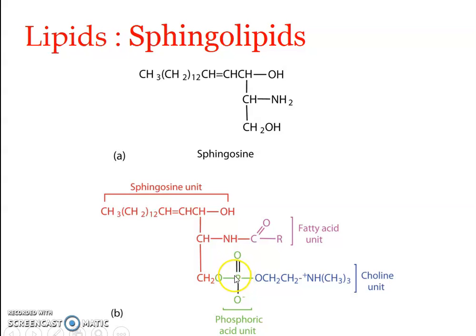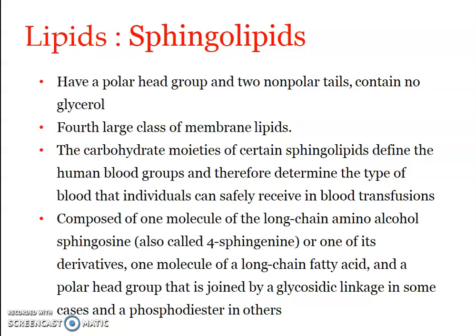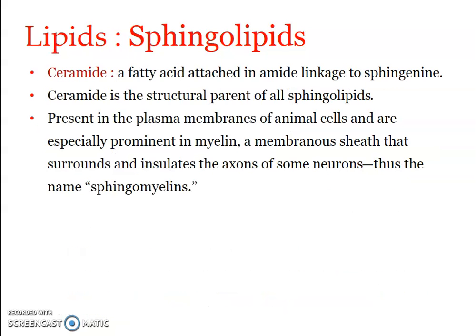But sphingolipids can also have a carbohydrate attached through a glycosidic bond, or phosphoric acid and ethanolamine. Other things remaining the same, with a change in this part, the properties and functions will change. This is what the sphingolipid is about.